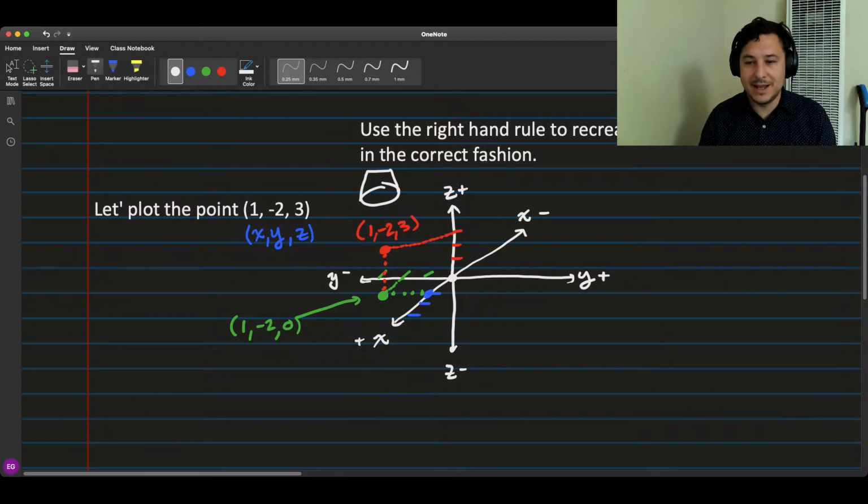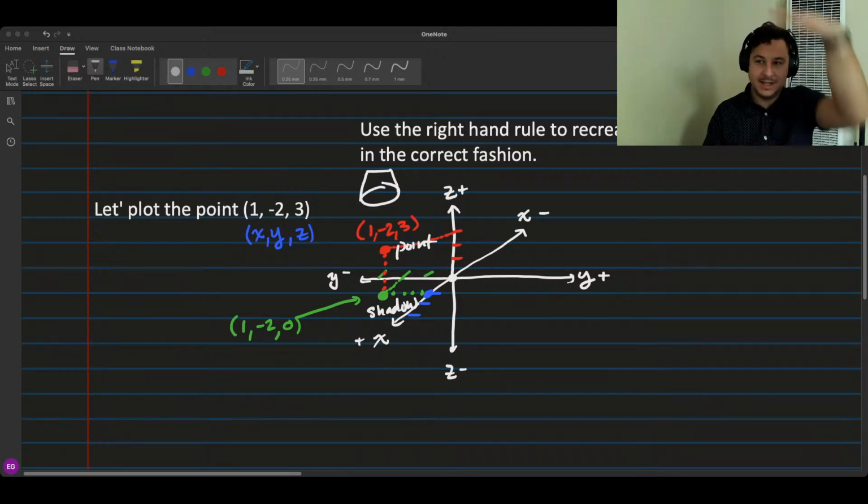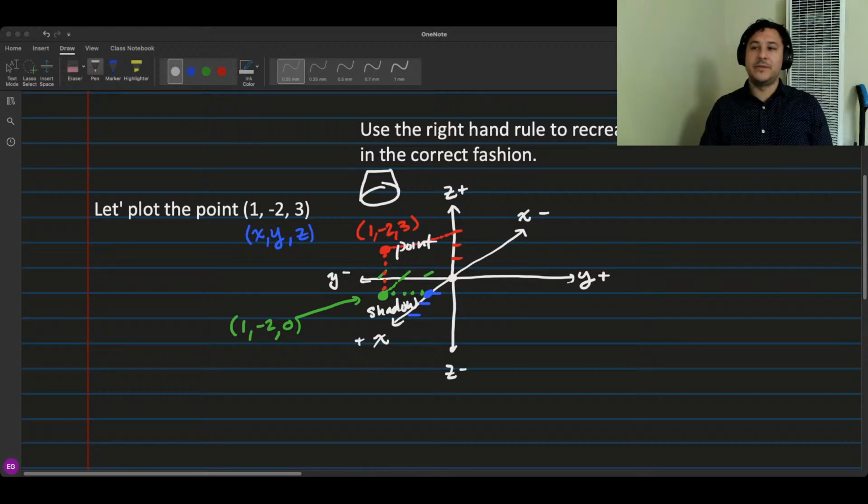Does it make sense that this would be the shadow from the point as the light goes down? If you have your point in space, you imagine there's a light shining down. You want the point that's directly underneath it on the xy plane, so you can see how high it's gone up for perspective.